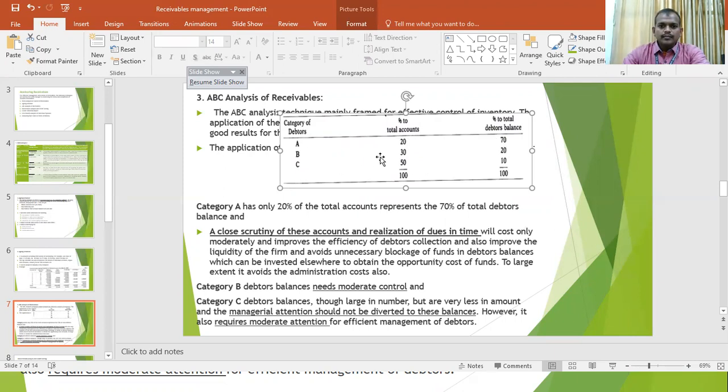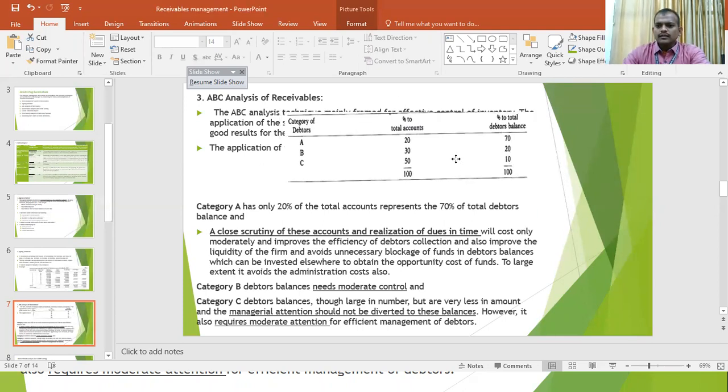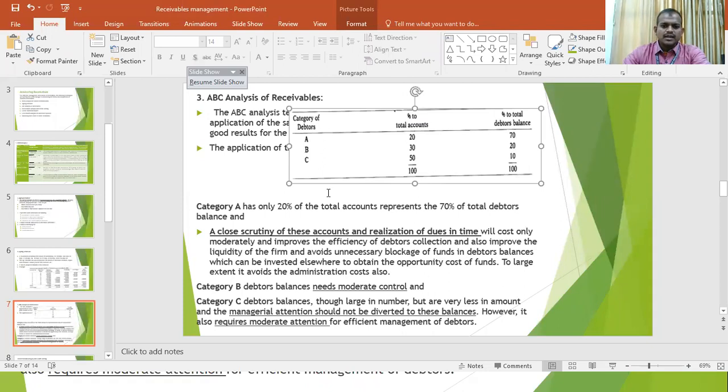And B category debtors, 30% of total accounts, these people are carrying 20% of the amount, and the remaining 50%, suppose 50 in numbers, just assume this is the number of customers. So 50% of total accounts carrying only 10% of the debtors balance. So how to deal with these types of customers?